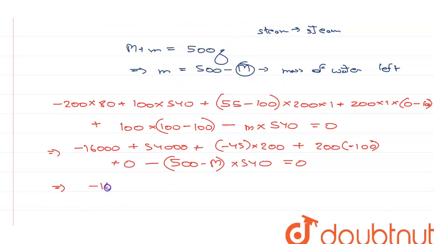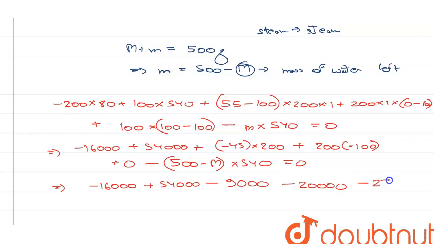So minus 16,000 plus 54,000 minus 2 times 45 is 90, so 9,000 minus 20,000 minus 540 into 500 is 270,000.